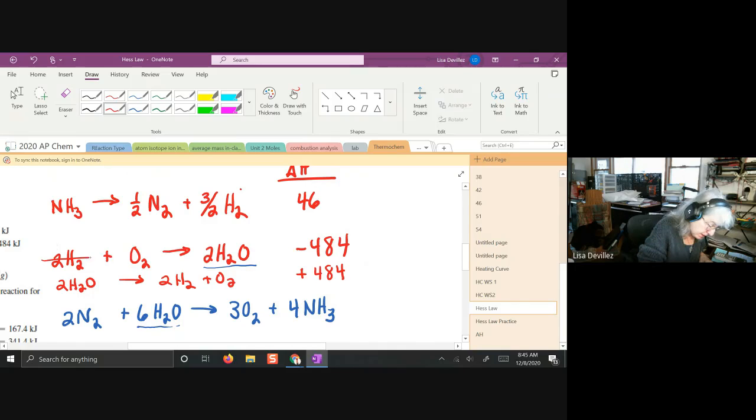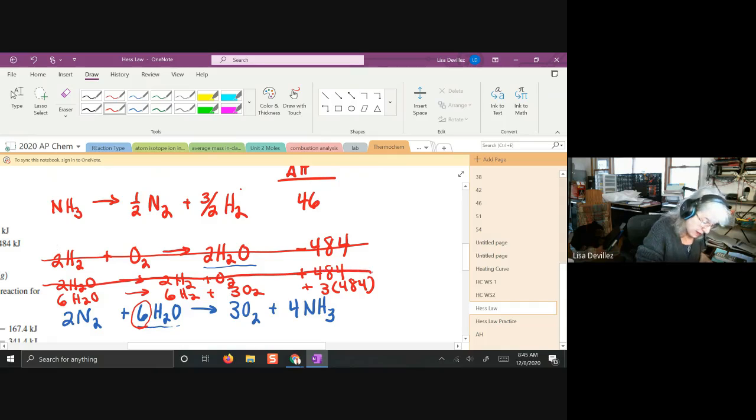I'm going to mark through the equation that I started because I'm not using it anymore. Now the water's on the right side, but now I need a 6 on it, so I'm going to multiply through everything by 3. That'll give me 6H2O yields 6H2 plus 3O2, and that's going to multiply the delta H by 3.